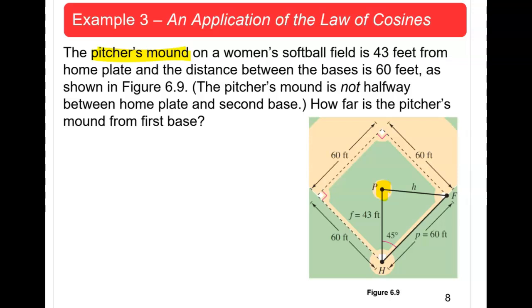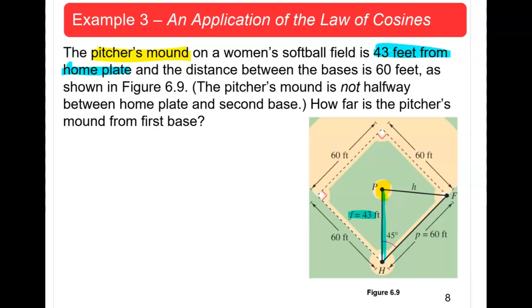And it says that it is 43 feet from home plate. So here is your 43 feet. And you can see we're not using the letters A, B, C. We're going to be using the letters P, H, and F.